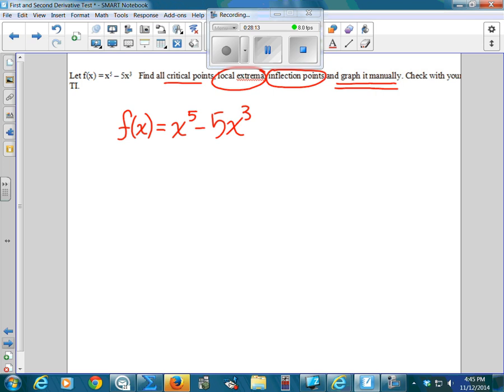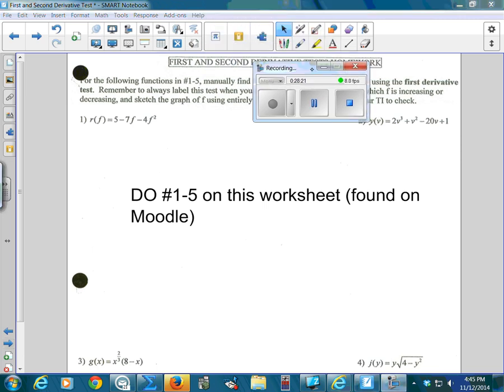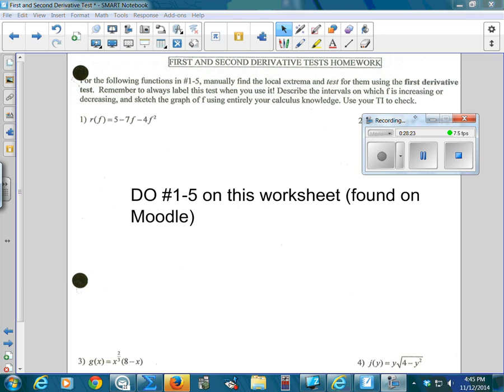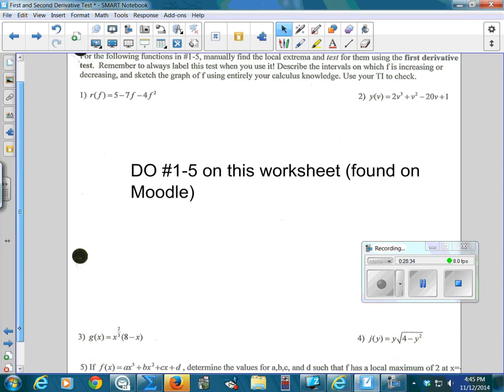Your homework is this worksheet right here, first and second derivative tests homework. Just numbers 1 through 5 on that worksheet, which was found on Moodle, or you can copy them here.